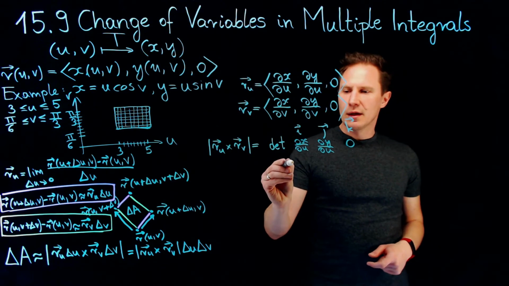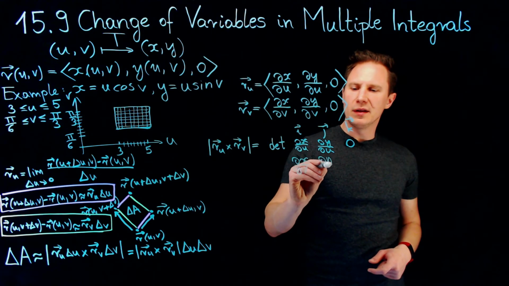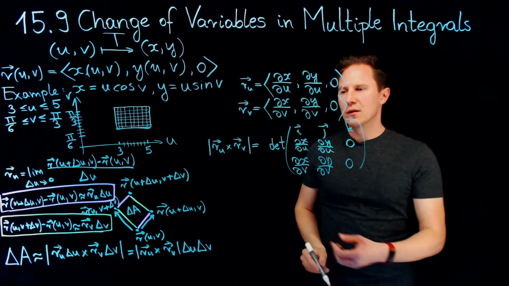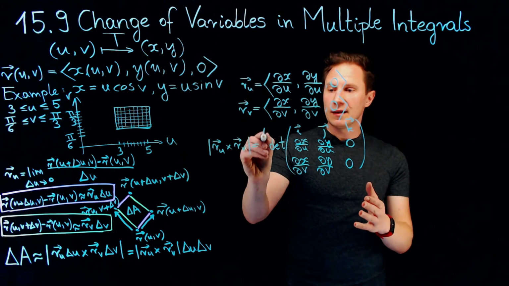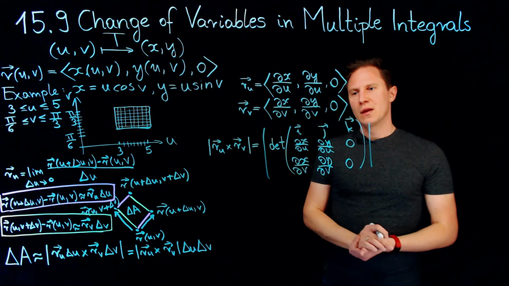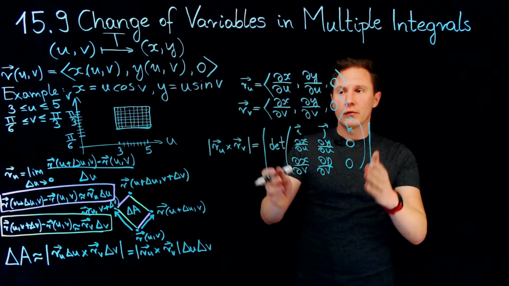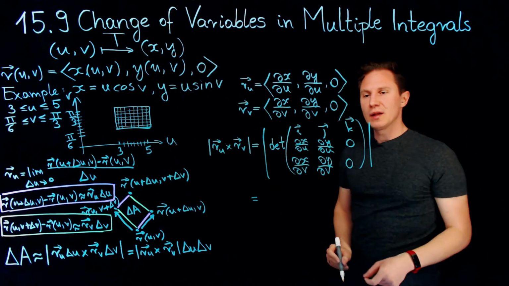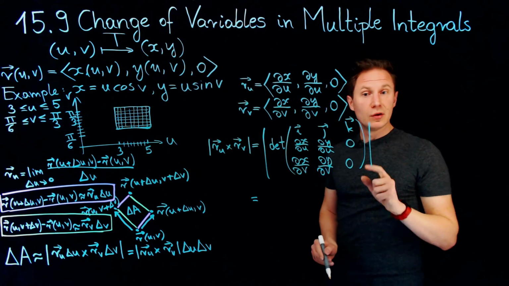In the third row we have dx over dv and dy over dv and 0. So this determinant is the cross product of r sub u and r sub v, and we want to take the absolute value of that determinant. If we evaluate this determinant, you'll notice that it's only the k component which turns out to be non-zero.